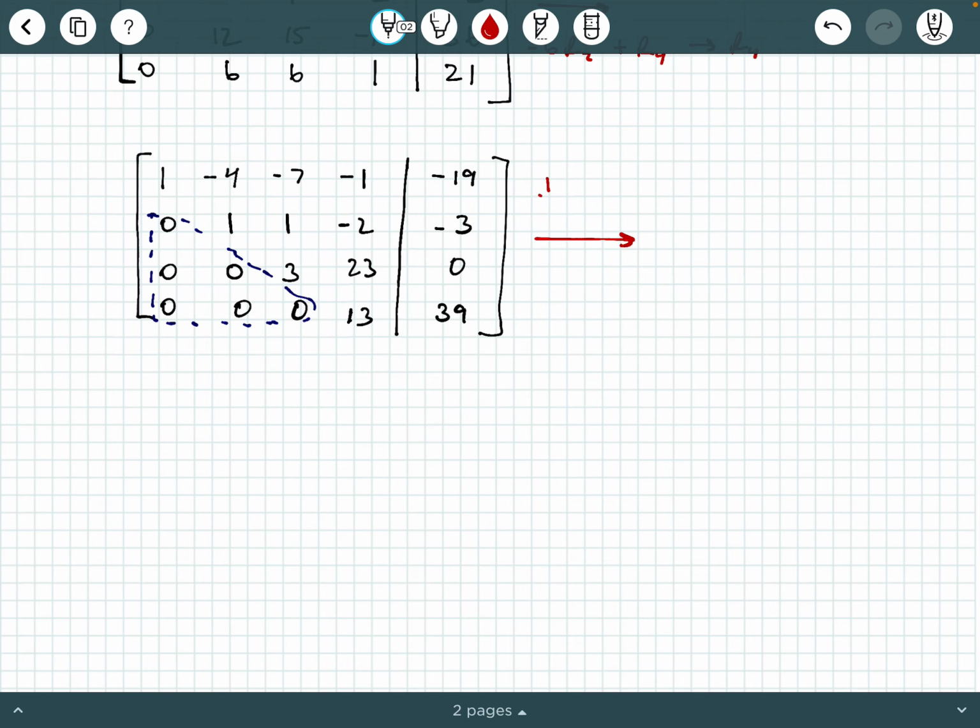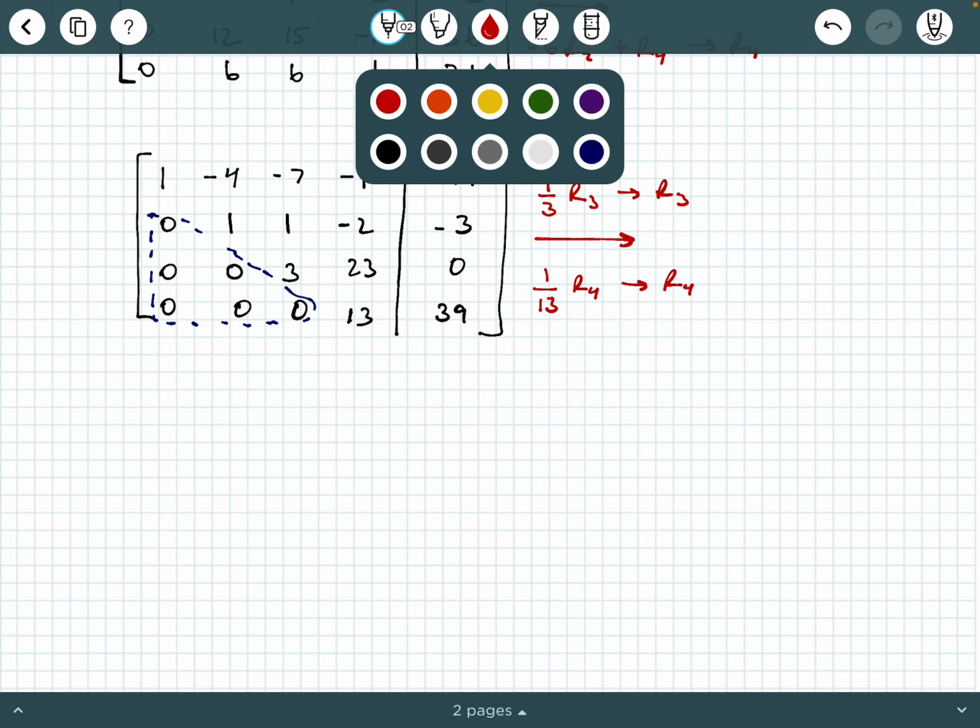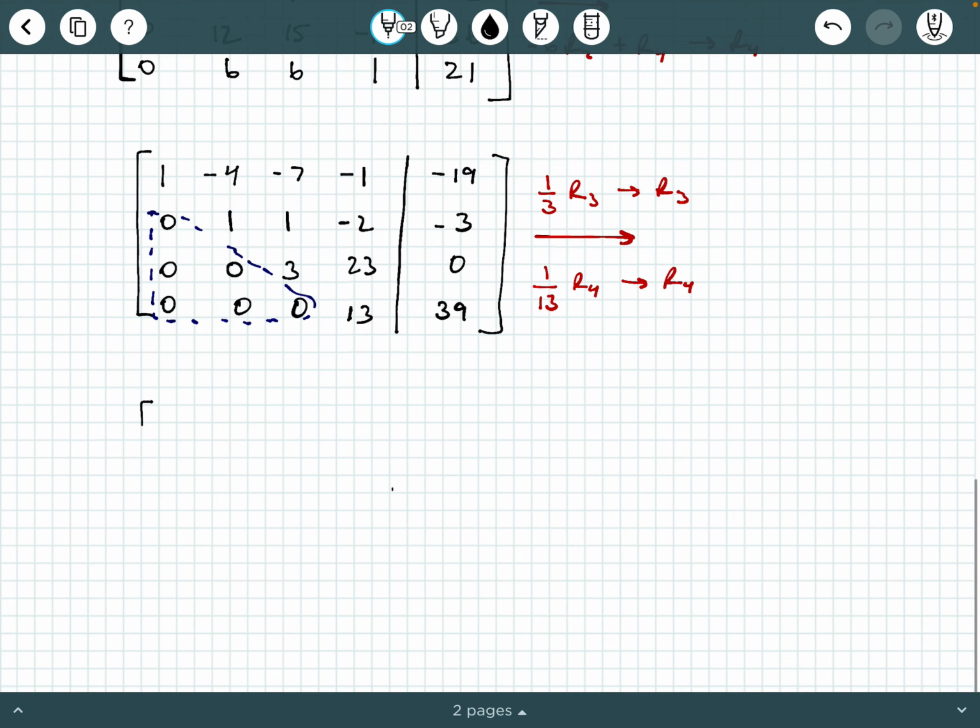Let's say 1/3 row 3 to change row 3, and then let's say 1/13 row 4 to change row 4. That way, all we're doing is multiplying each of these rows by a constant and creating the one values that we are looking for.